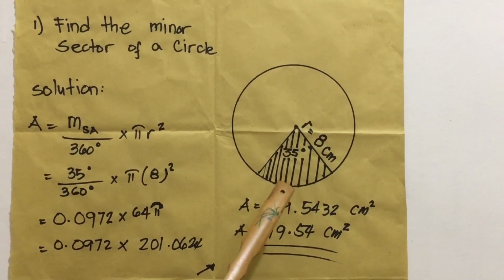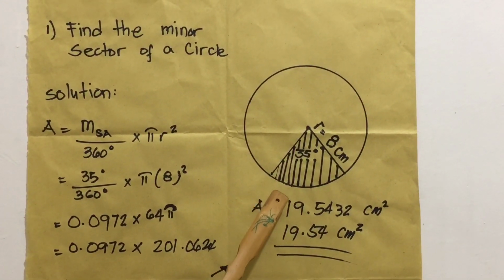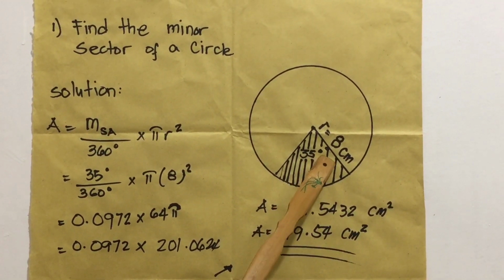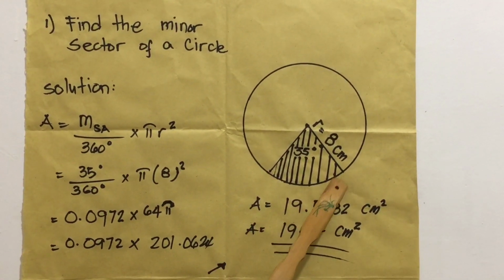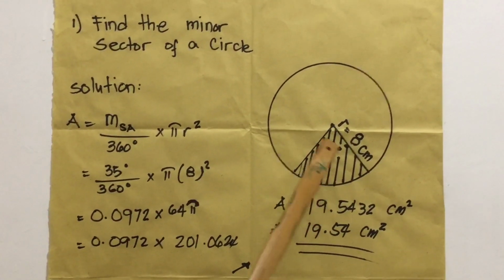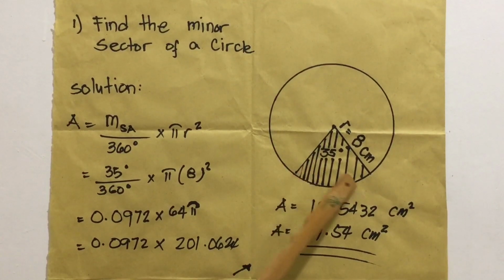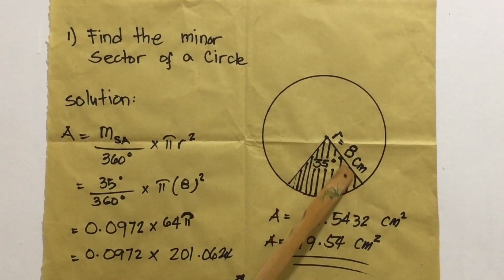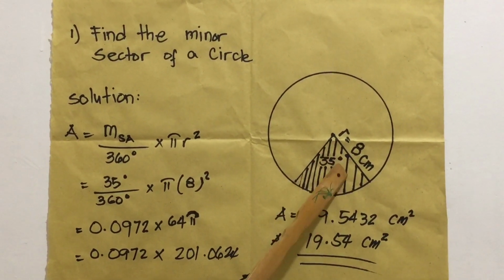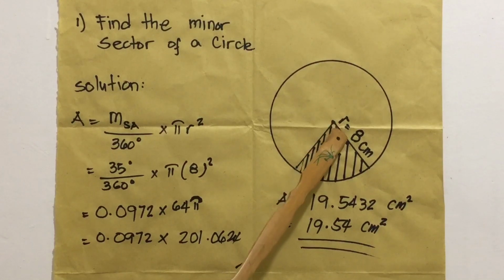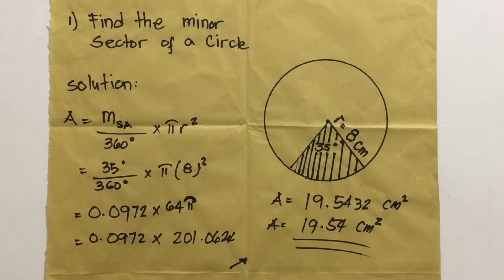Remember, minor is less than 180 degrees. So the given is 35 degrees. So therefore, this intercepted arc here is called the minor. So we're going to find out the minor sector or the space, itong space na ito. Ilang area ba ang ino-occupy nitong sector na to? Okay, and the given radius is equal to 8 centimeter.